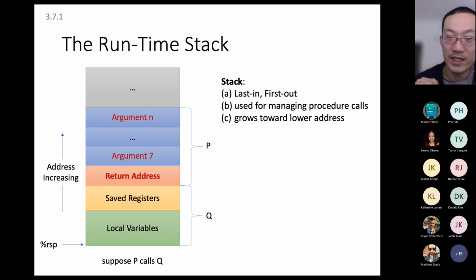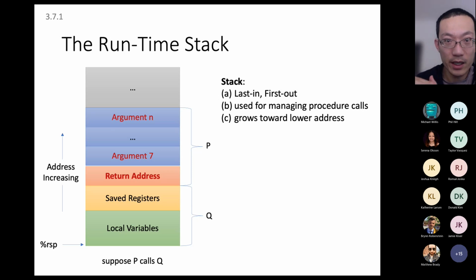You put in red, blue, black coats, and then the first coat you get out should be black, then blue, then red. So this is the order given by the stack structure. It adopts the stack structure, but also it is real physical memory existing in the RAM.